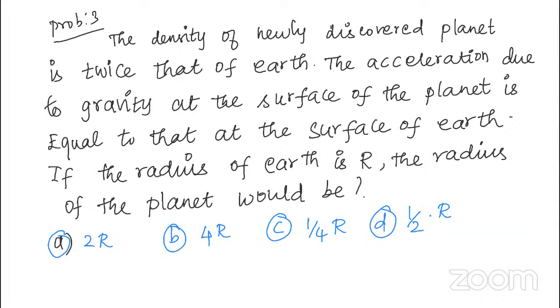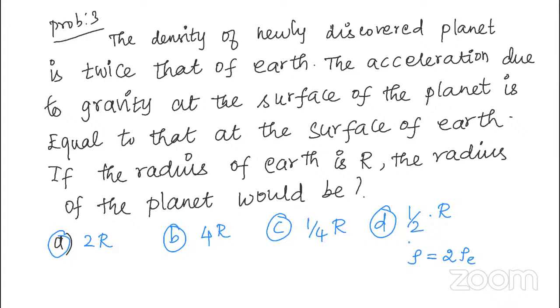Okay. So let us now read out the problem. The density of the newly discovered planet is twice that of Earth. Okay. So density we denote as rho, which should be equivalent to twice that of Earth, that is 2 times rho E. Okay.